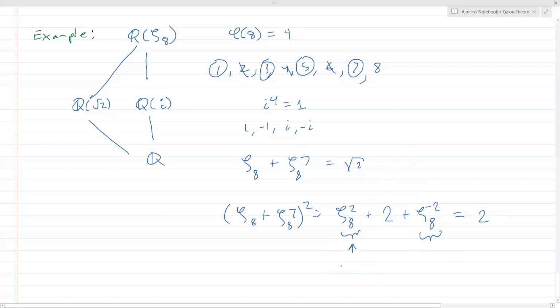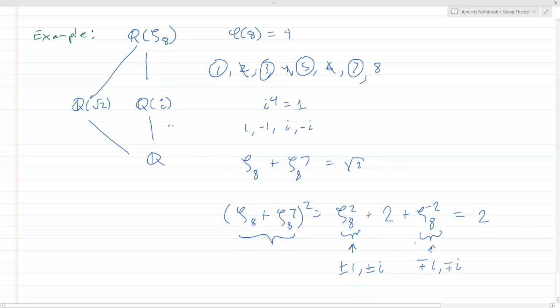So it's either going to be plus minus 1 or plus minus i, and then the inverse of this guy is going to be the negative of whatever fourth root of unity it is. So these two things cancel each other out, and you just get 2. So this thing is a square root of 2. So we get Q adjoin square root of 2 as a subfield.